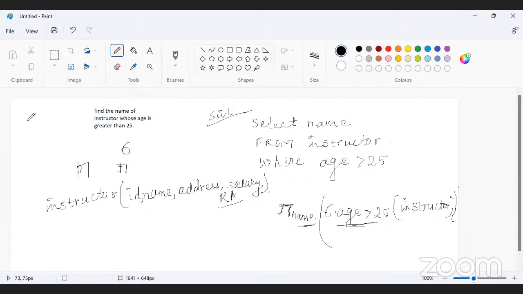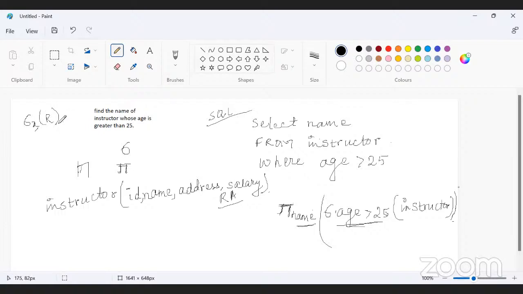First, this is the basic structure of the select operation. This is the relation, and in X we put the condition, whatever condition, for example age is greater than 25. So in the place of X we put that condition, and this is the relation.